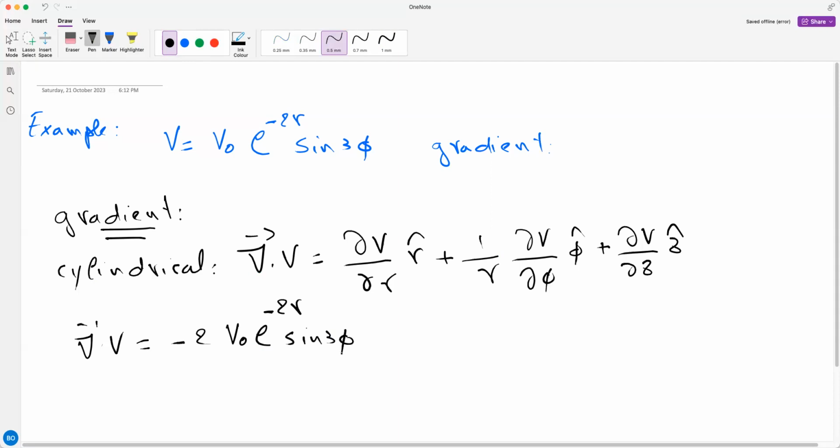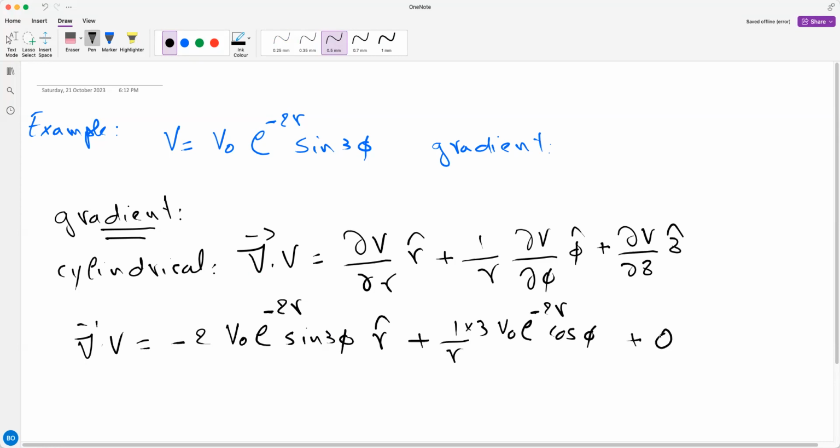And then the derivative with respect to phi is 1 over r times 3 V0 exponential minus 2r cosine 3 phi.